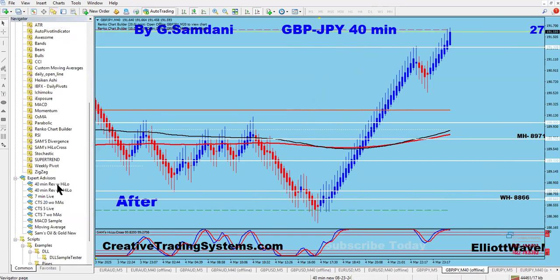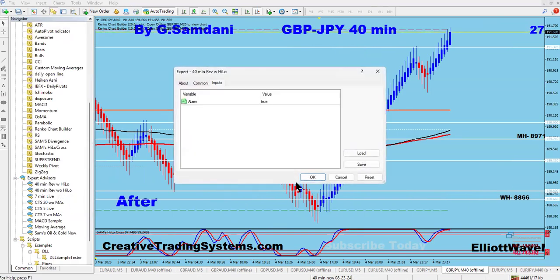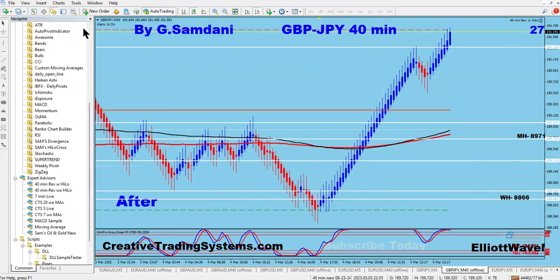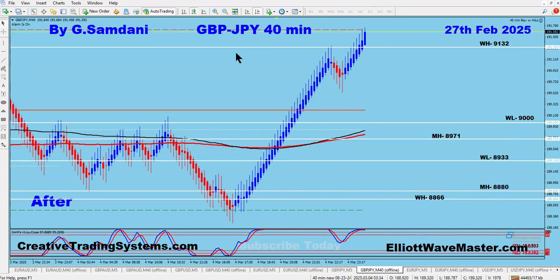Let me put this thing back here again. The alarm beeps when I have a reversal candle, either up, down, whatever. I want to know exactly when the turn is about to come. Each and every single turning point, I need to know.